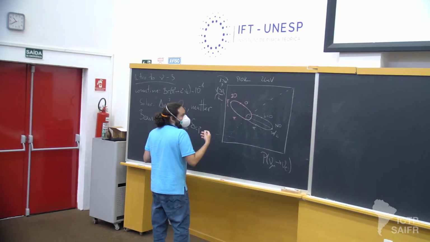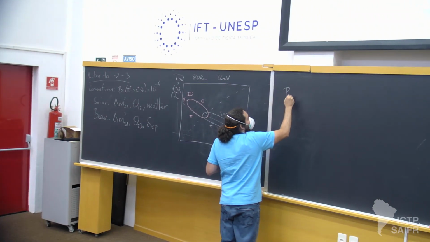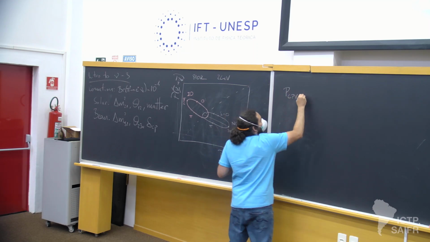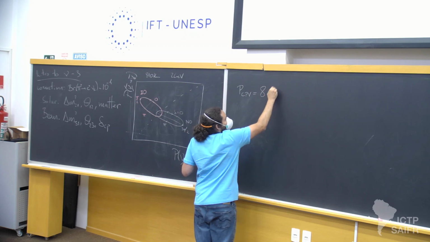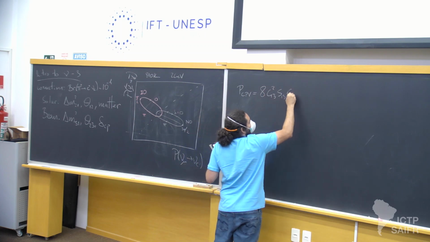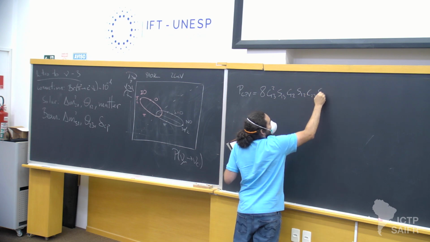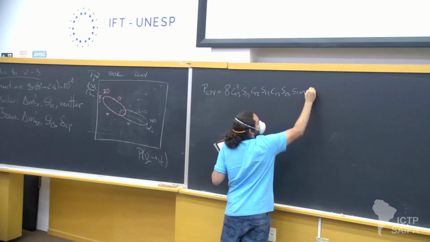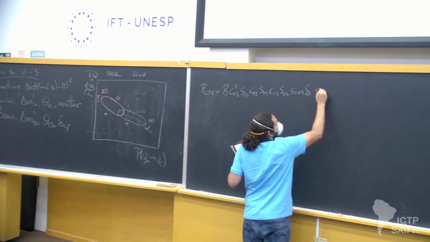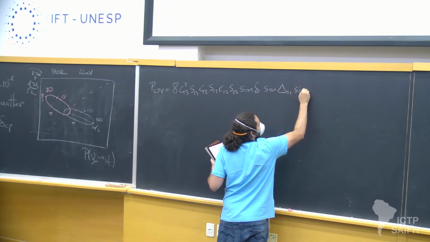Or if you go into the oscillation probability formula with a little more care, there is a part of the oscillation probability formula which goes like this: C13, S13, C12, S12, C23, S23, these sines and cosines, sine of delta CP. And then there is a term here which I'll explain in a second.